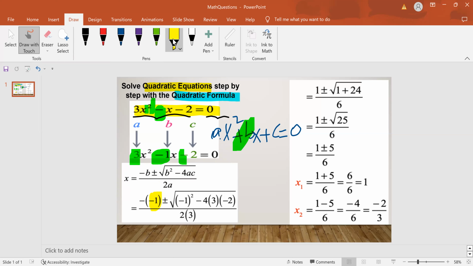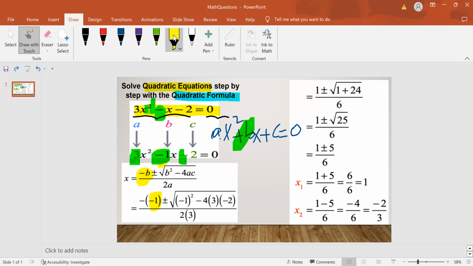B is negative 1, and the formula says negative b. That's why we have a negative before the other negative 1. So we have two negative signs here, which is clear because we have a negative b, but b itself is negative 1.